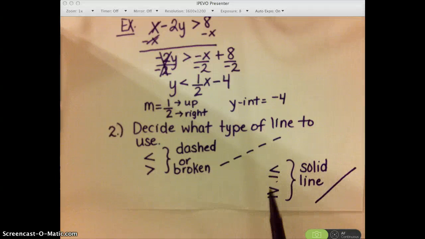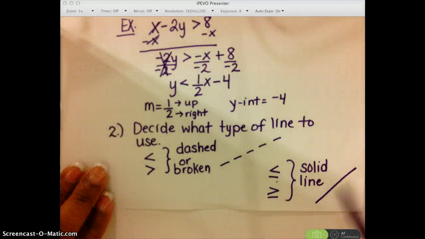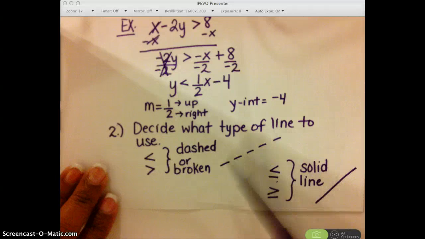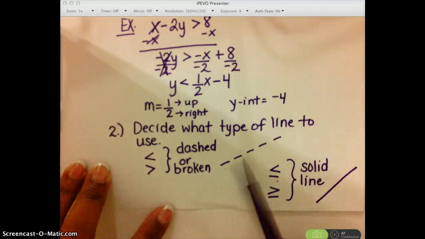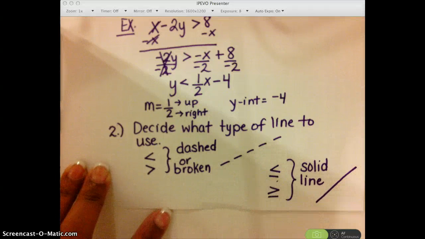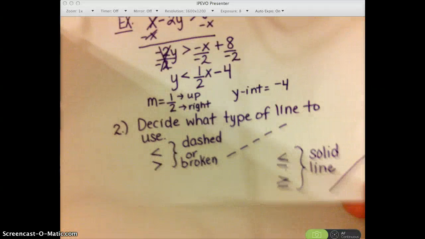The only difference here is that with the solid line, the inequality will have the line up under it, which means it can be equal to. So points on this line will satisfy the inequality. Points on a broken line will not satisfy the inequality because it's not equal to. All right, so now we're 2/3 of the way done.